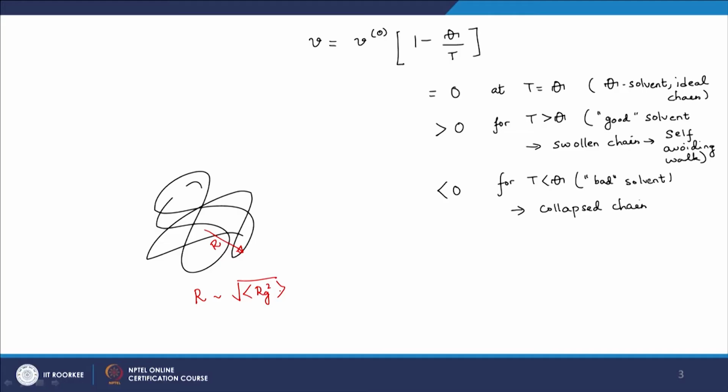Okay. So, now with this in mind, we can start building the total energy of the chain in terms of the two interactions we have discussed. One is the elastic energy and one is the interaction energy. So, I can say total energy of chain.